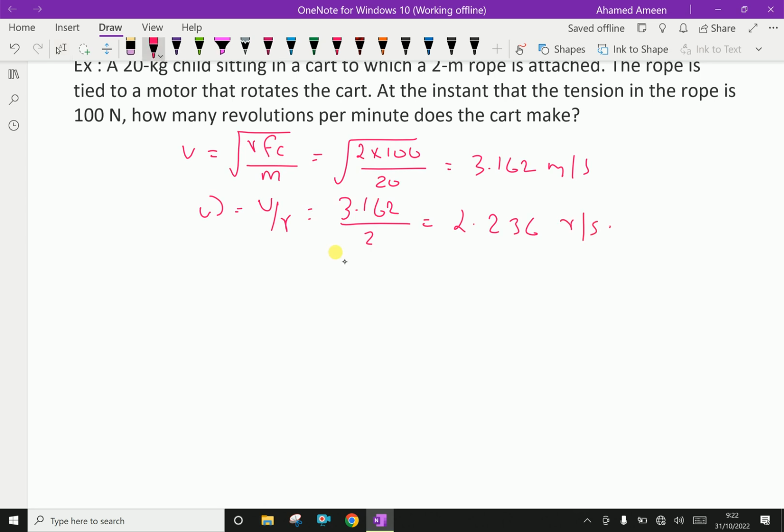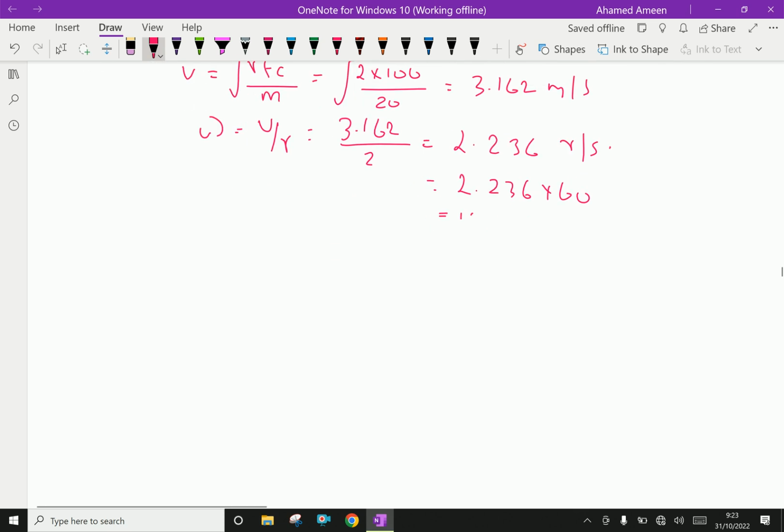We have to find revolution per minute, which equals 2.236 into 60, which is 134.16 RPM, revolution per minute.